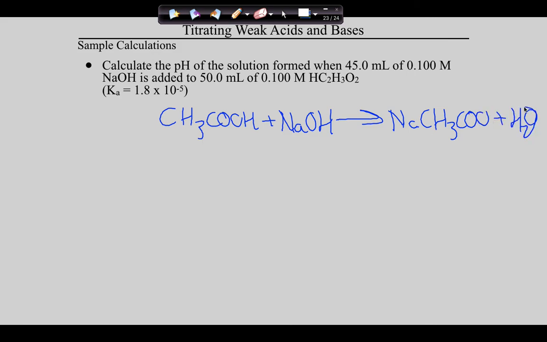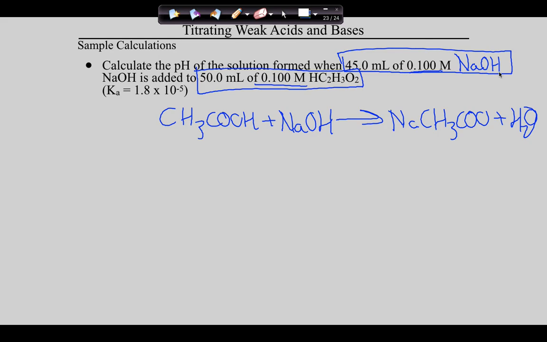Now, in this particular problem, do we have more acetic acid particles or more sodium hydroxide particles? Okay, hold on. We've got equal molarities. We've got 50 milliliters of acetic acid. We've got 45 milliliters of NaOH. Which do we have more of?